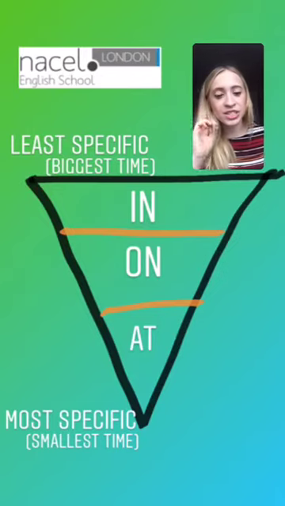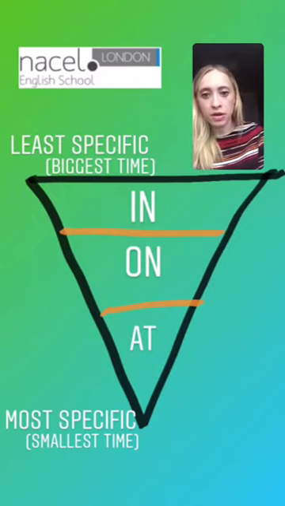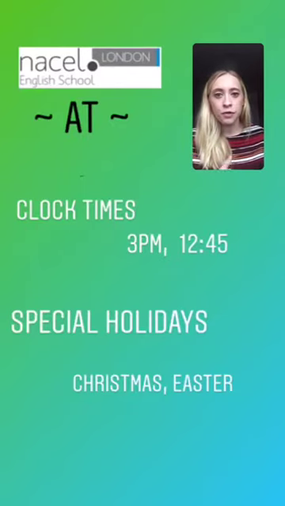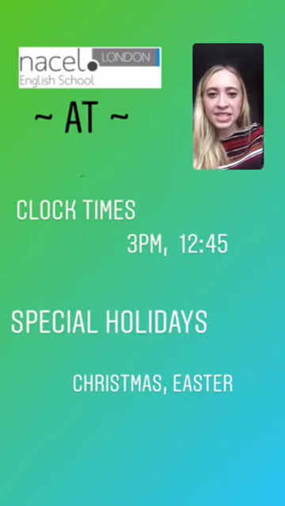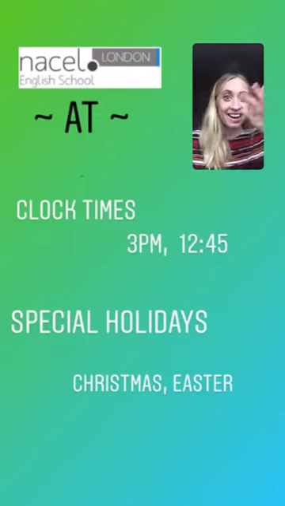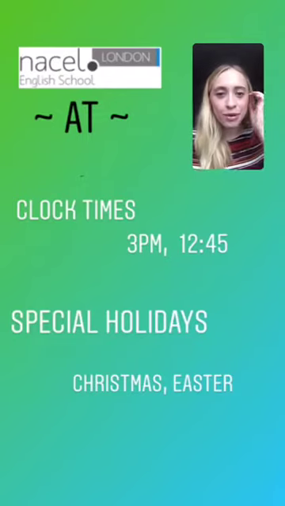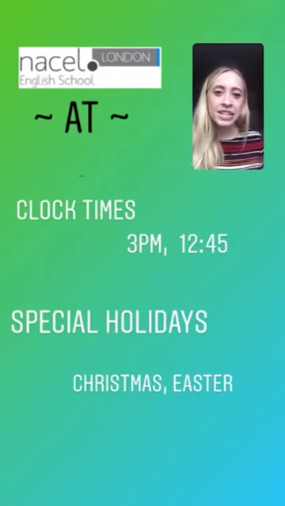So the last one we're going to look at is at. This is your most specific or your smallest time frame. We can use at for times on the clock and for special holidays, and these are the main ones. Sorry, all your lovely comments are coming through and blocking my screen. So for clock times, for example, at 3 o'clock, at 12:45, and for special holidays, at Christmas and at Easter.